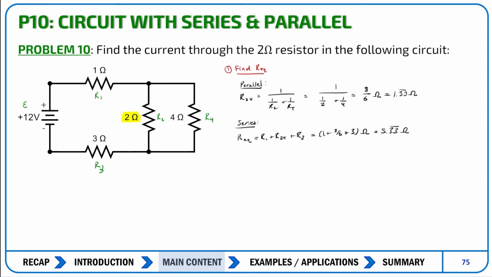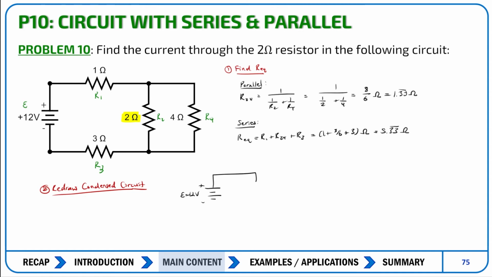Okay, so now we can redraw the circuit. Redraw the condensed circuit with Req. So that means we have the battery, which hasn't changed, plus minus. It's still epsilon equals 12 volts.